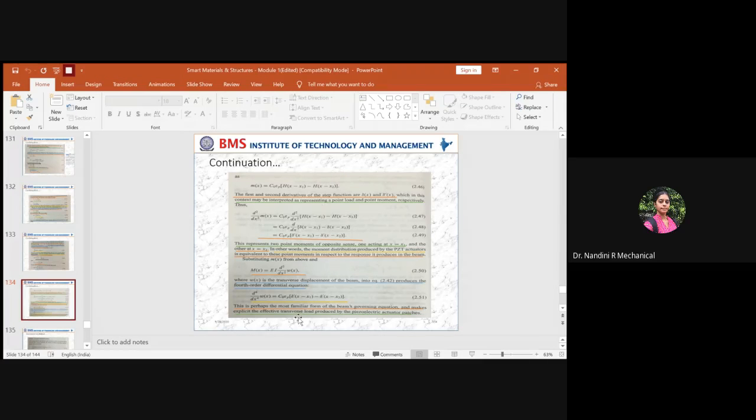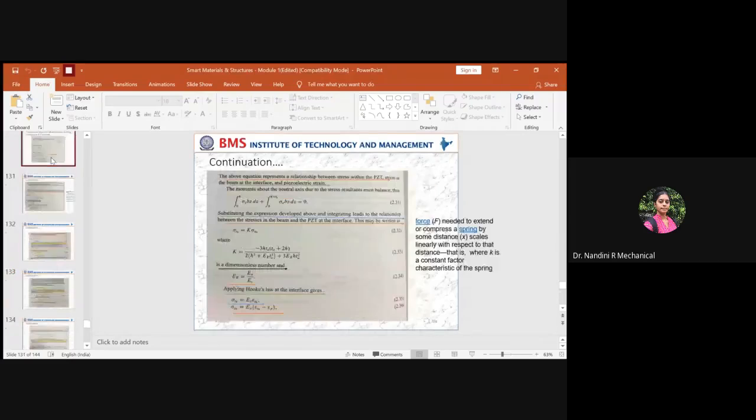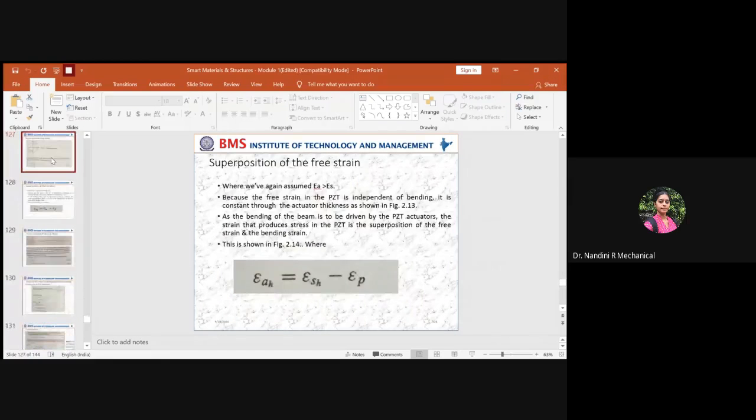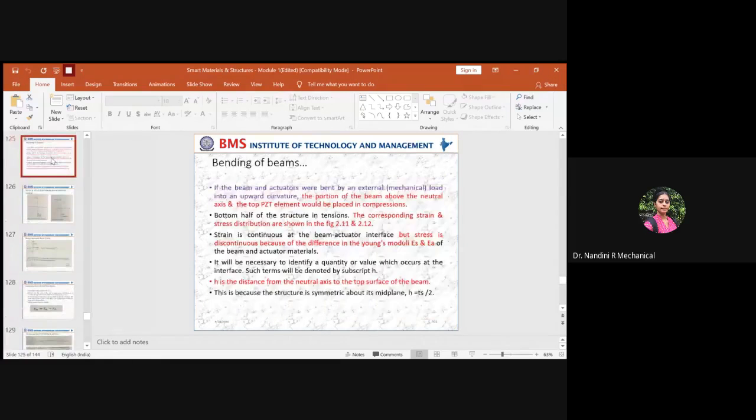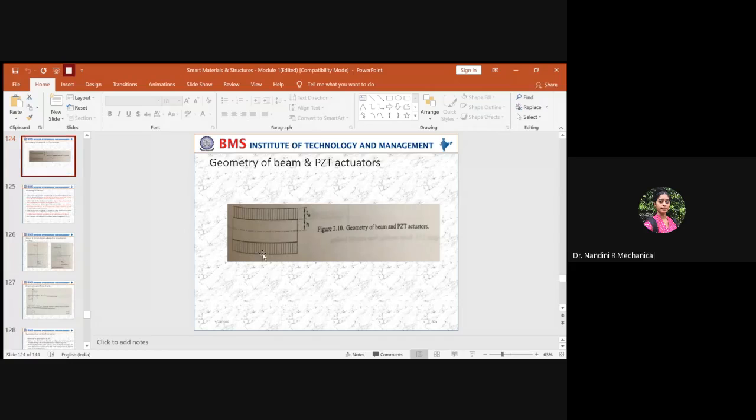This transverse load always happens across the interface, because again, the same old sketch that I showed you in the beginning, this is the beam structure with PZT actuators, right? So this will show the effective transverse displacement happening across the interface. You have two interfaces, one at the top and one at the bottom. Due to the applied mechanical loading, the given beam structure can compress and expand.